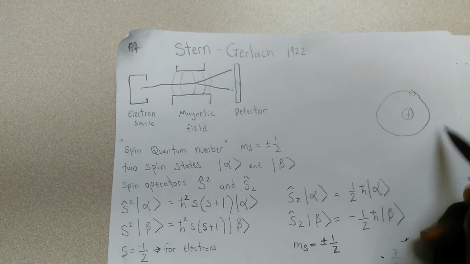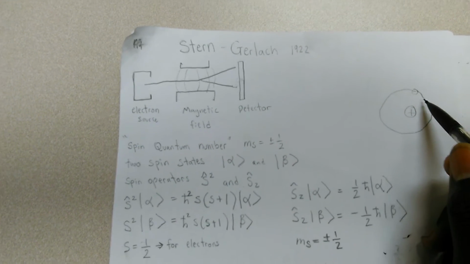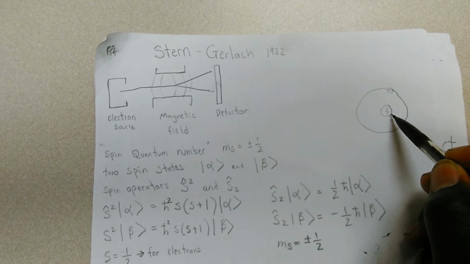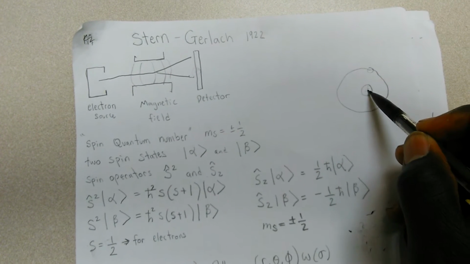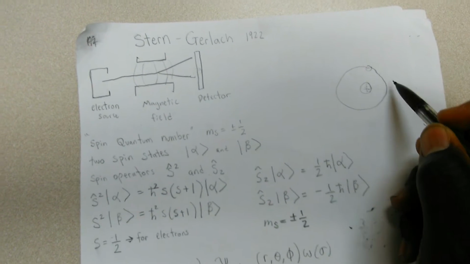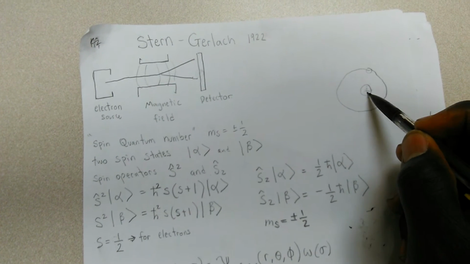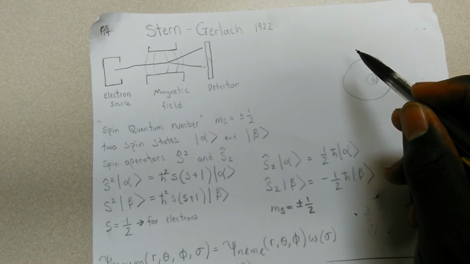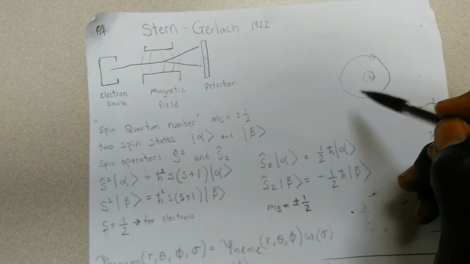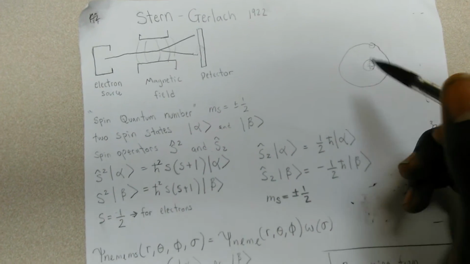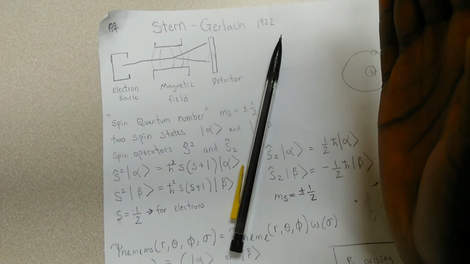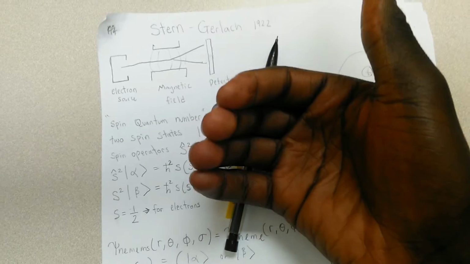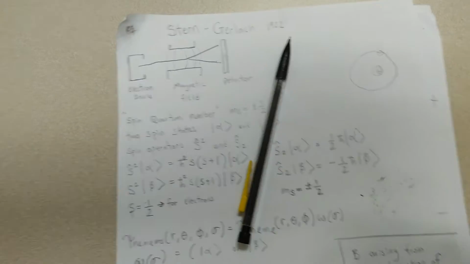If an electron is orbiting around the nucleus of an atom, in the electron's rest frame of reference, it's as if the nucleus, which has a positive charge dictated by Z, is moving around the electron and the electron is at rest, which means that if the nucleus is moving around the electron, then there's a z component of a magnetic field in classical physics, because if you use the right hand rule, if the nucleus is moving that way, then the magnetic field will be directed in the z direction.